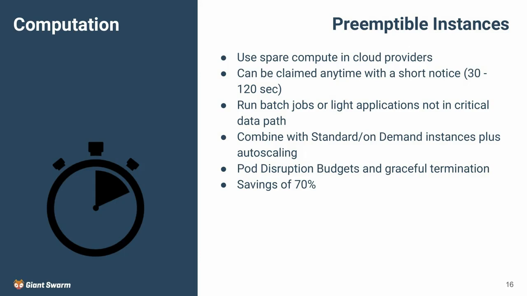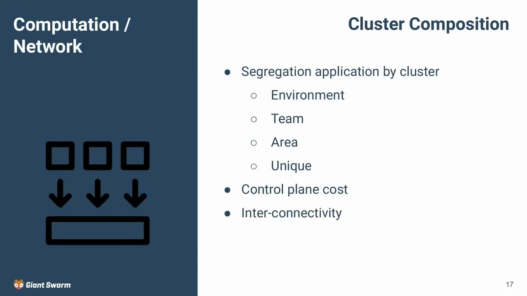Then something which is between computation and network is the cluster composition. At the end, it is how you segregate your applications by cluster. With all these managed Kubernetes solutions, creating clusters nowadays is not really difficult.